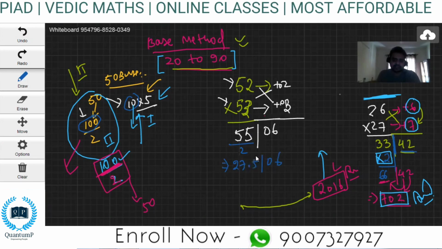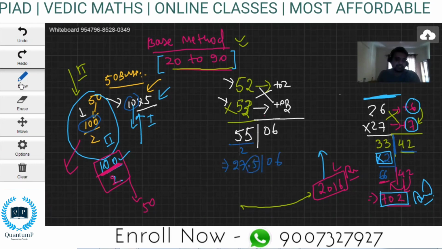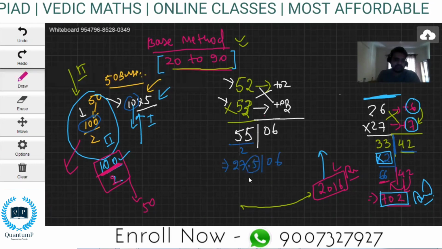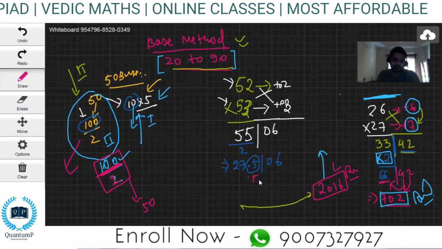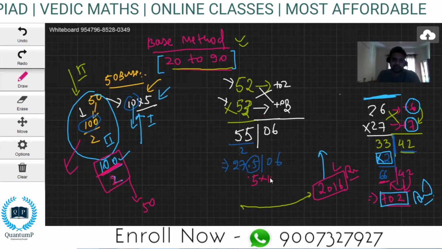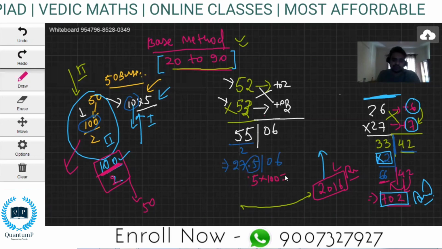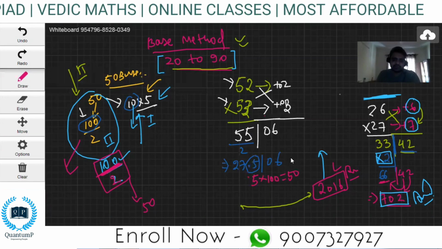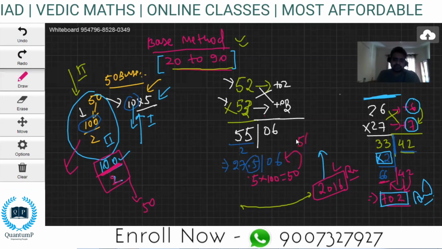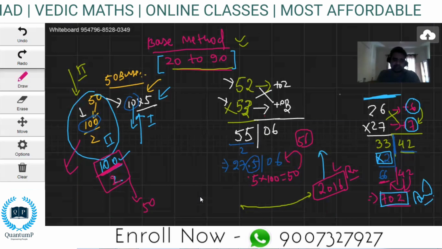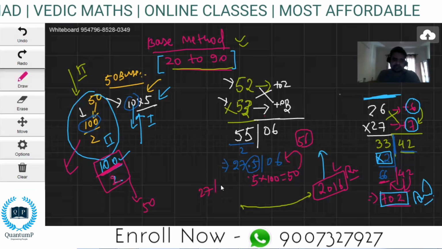Then this decimal will be multiplied with 100 because it's a 100 base. So 0.5 into 100 is 50, and that 50 will be added to 06. That is 56, right? So we have 27 on the left and 56 on the right.